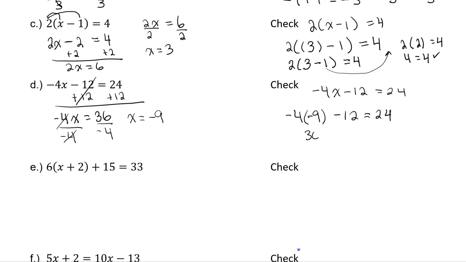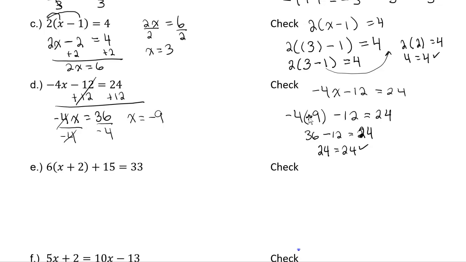So I get 36 minus 12 equals 24. Okay, so I get 24 equals 24. And again, confirmation that we've done something correctly.